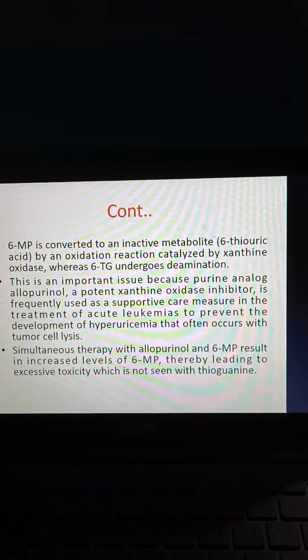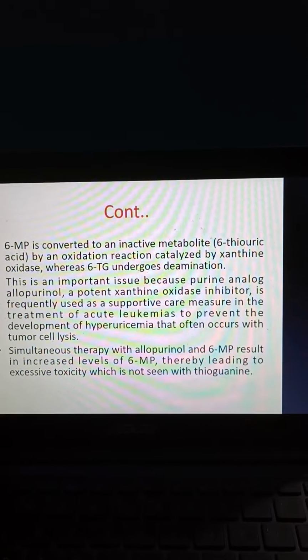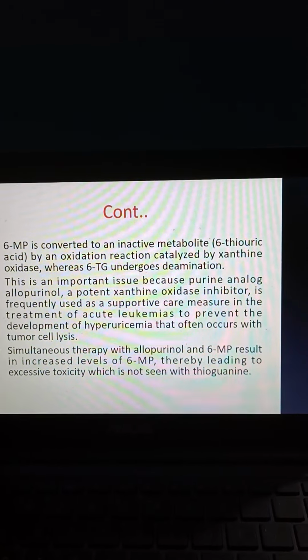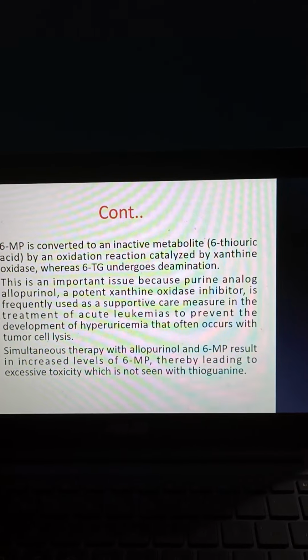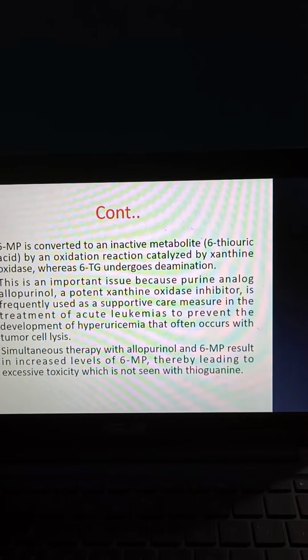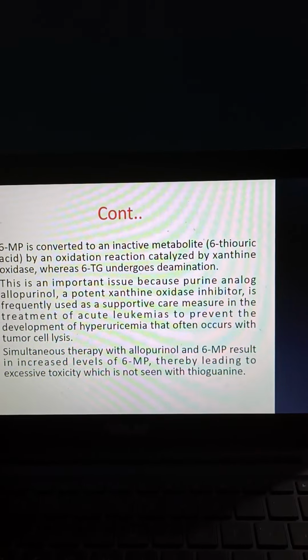Then 6-MP is converted to an inactive metabolite, 6-thiouric acid, by an oxidation reaction catalyzed by xanthine oxidase, whereas 6-thioguanine undergoes deamination.